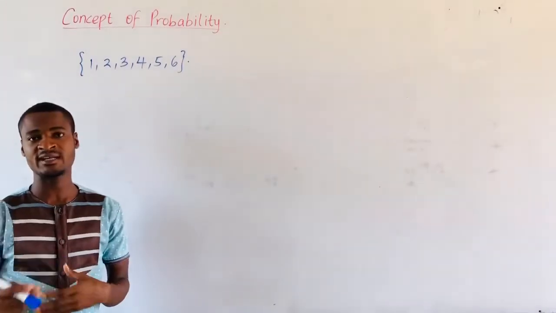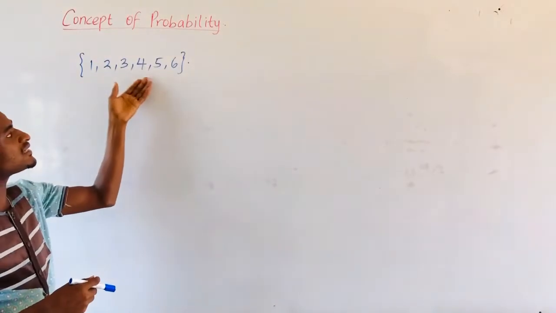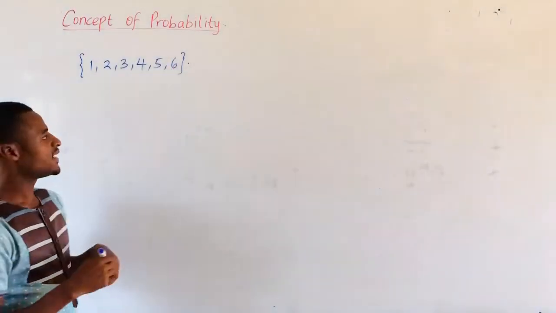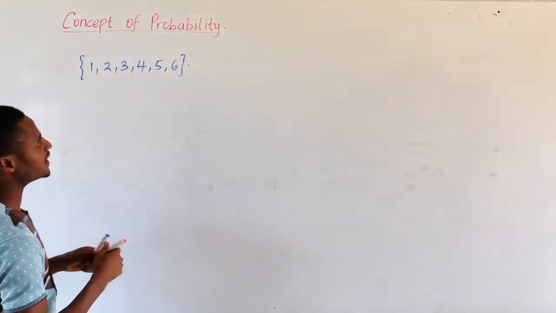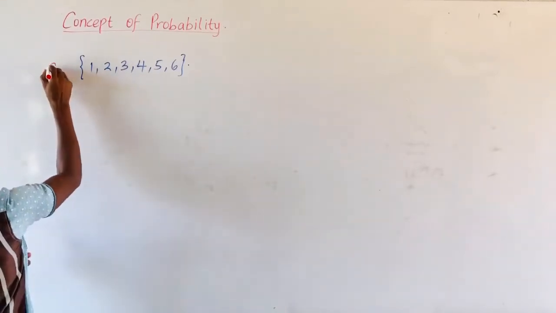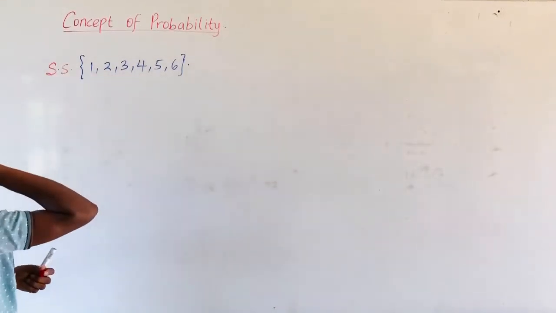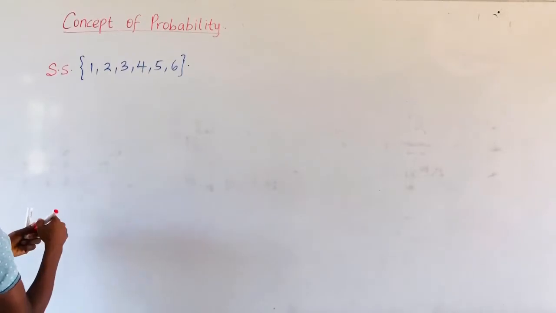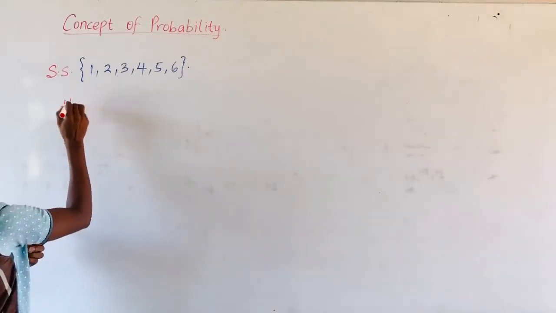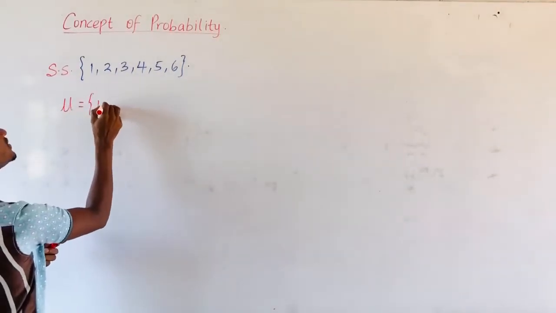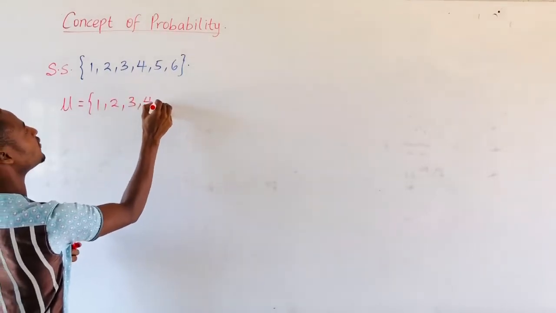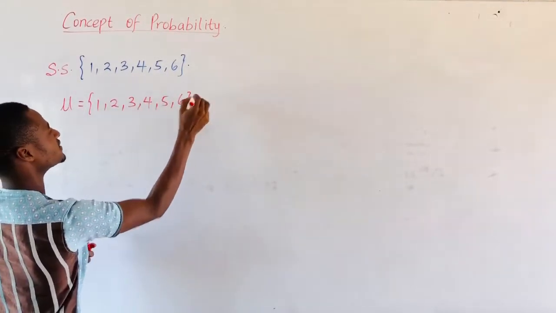So before throwing a die, we know this is the set of possible outcomes. And that set of possible outcomes, like defined in the terms, is called sample space. Let's represent the sample space by the universal set U. So U is equal to {1, 2, 3, 4, 5, 6}.